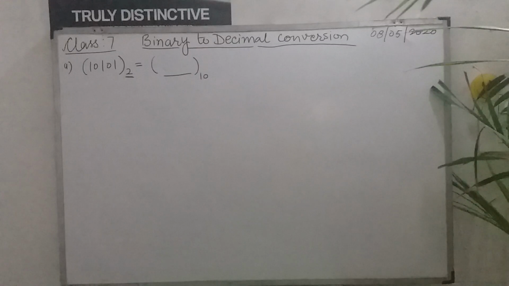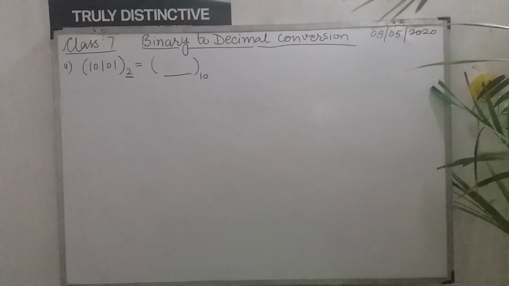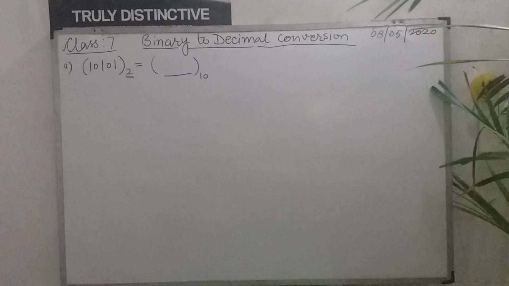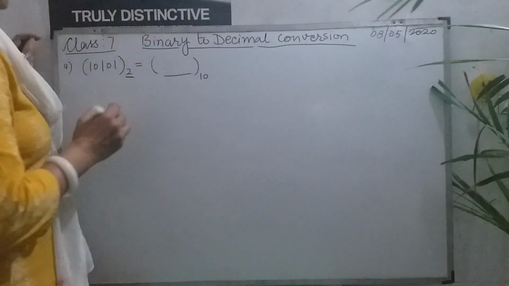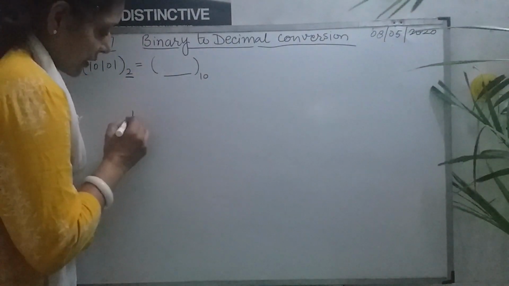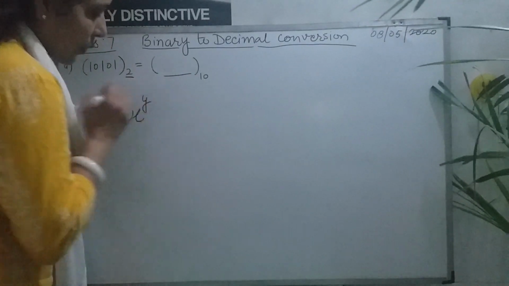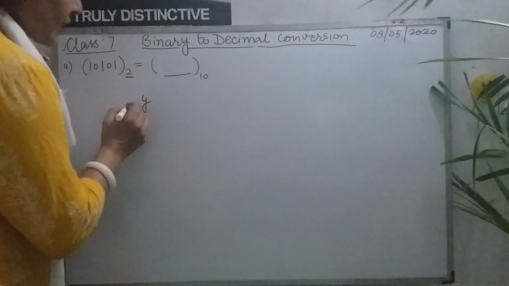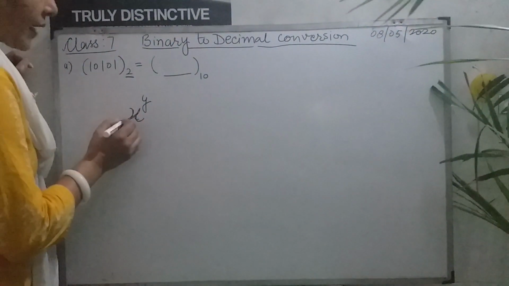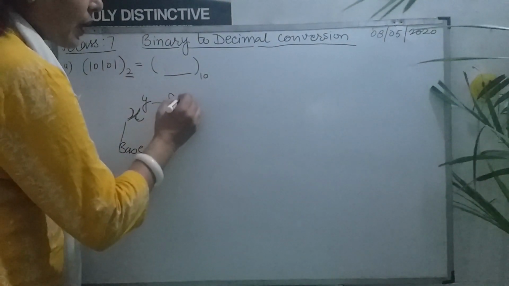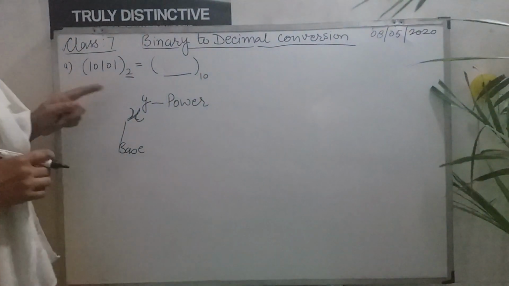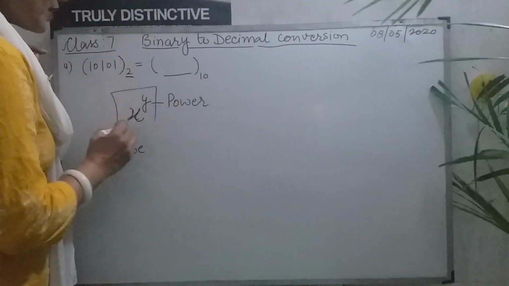So, before converting a binary number into a decimal number, two things must be clear that I am going to explain. It is a concept which you will use in your mathematics. A number written like this, x to the power y: x will be considered the base and y will be considered the power.